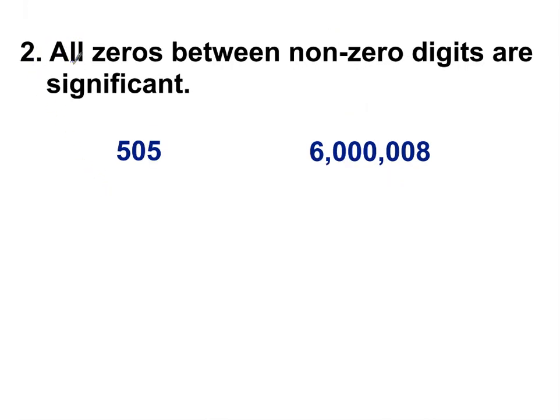Well, the next rule is that all zeros between non-zero digits are significant. So for example, we have this number here, 505, and there is a 0 in between 2 non-zero digits. That means that this 0 is significant because it's in between 2 other significant digits.